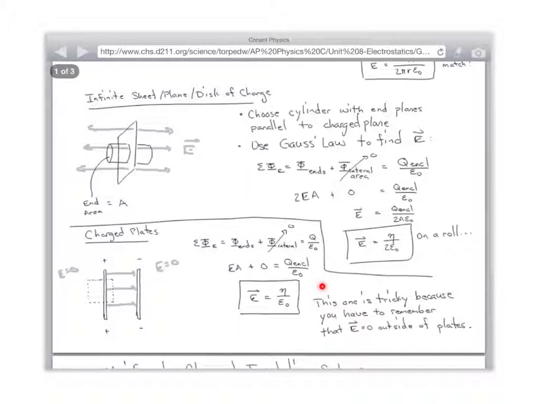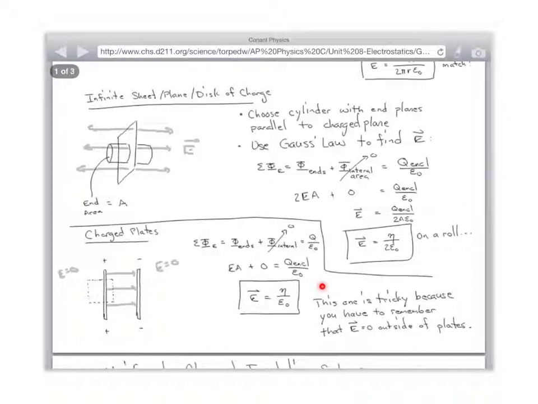Done. So the electric field inside of an infinite capacitor is eta over epsilon naught. Isn't that cool? No calculus. In fact, I would argue that's about as simple as algebra as you get. Any questions?